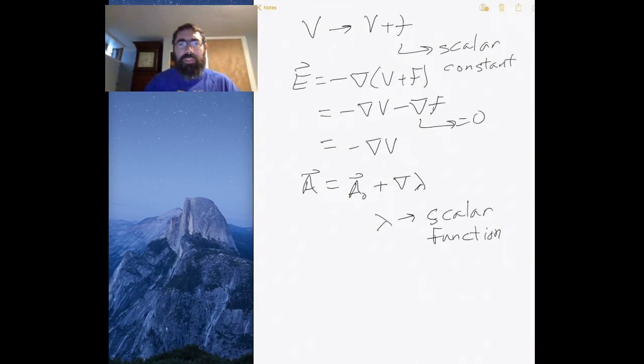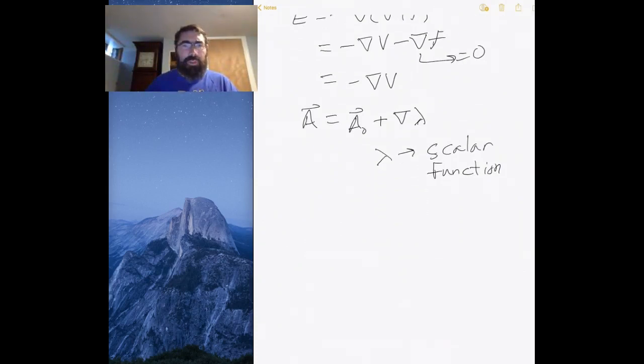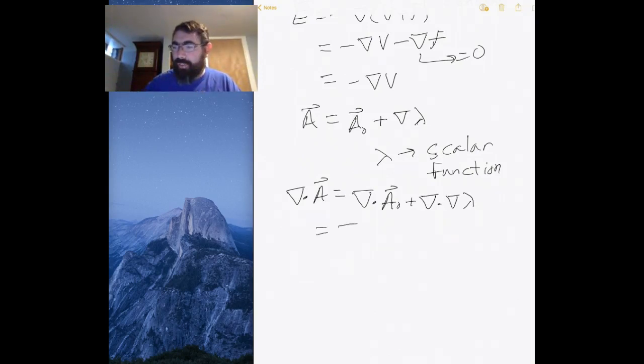Instead, let's come up with a scalar function, then we take the gradient of it, we turn it into a vector. And so now, if I apply the divergence of A, I should get the divergence of A0 plus the divergence of the gradient of my scalar function. And that divergence of the gradient is just the Laplacian of a scalar function, like so.